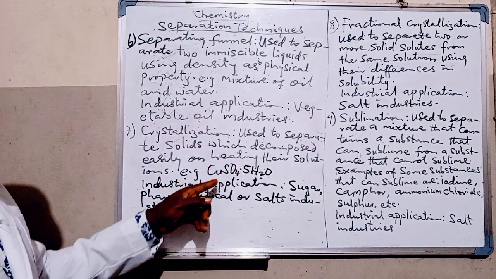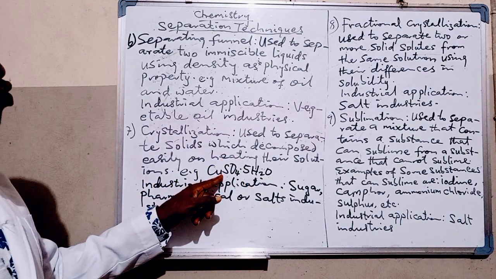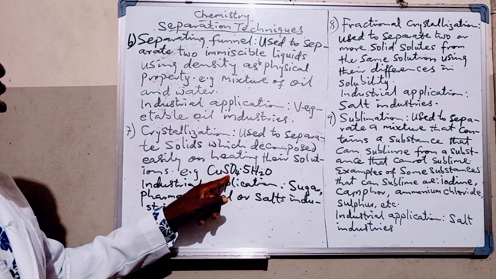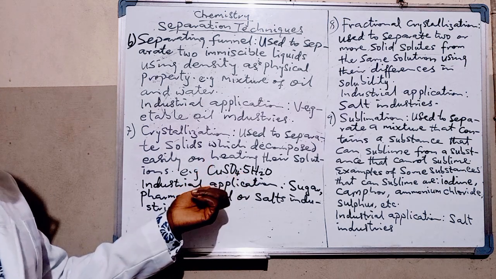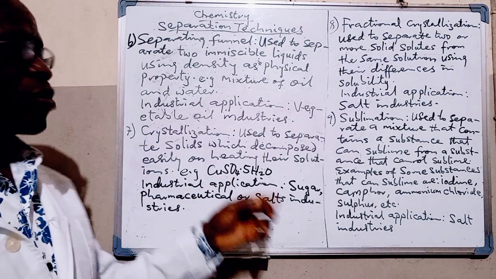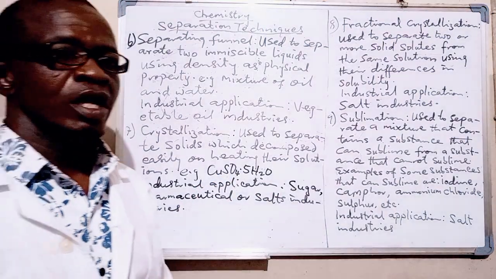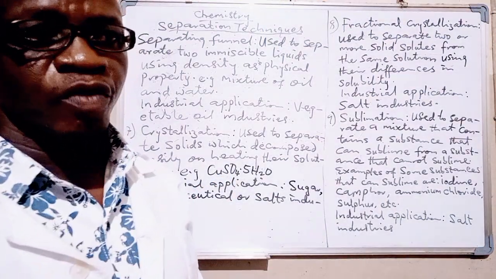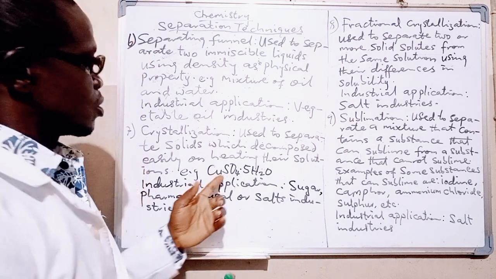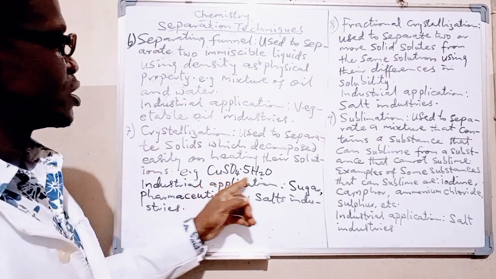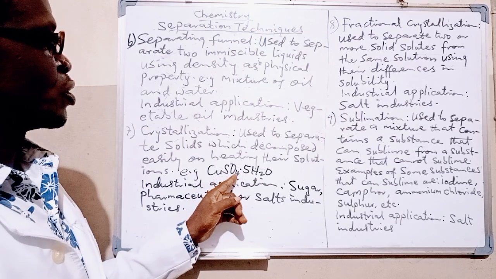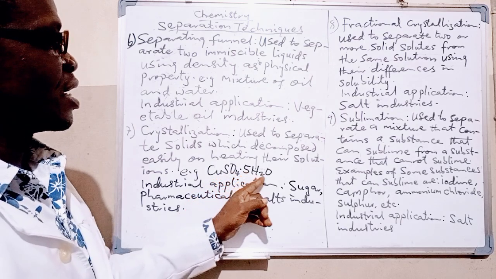Example of such salts include copper 2 tetraoxosulfate 6 pentahydrate. Don't bother about the formula. When we get to writing of correct chemical formula, you will know how it will be written. So this name is copper 2 tetraoxosulfate 6 pentahydrate.